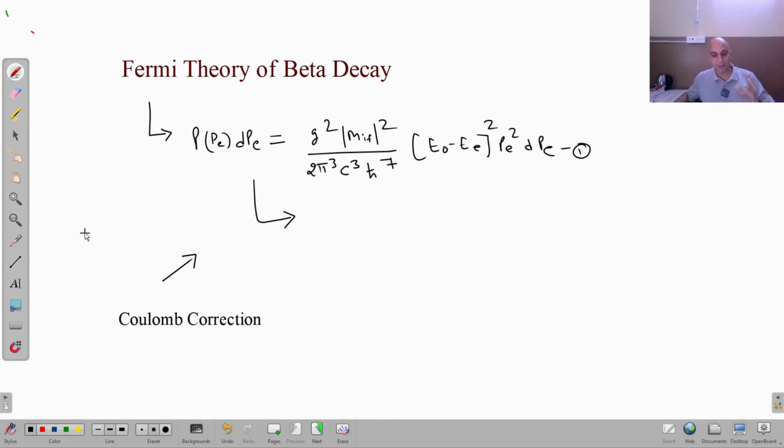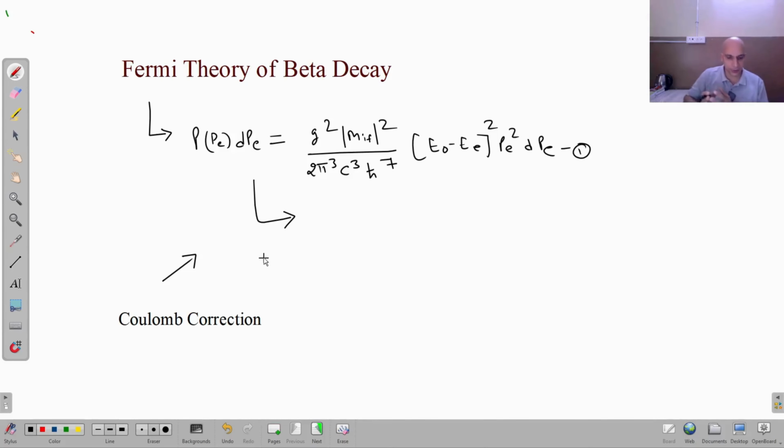So these two types of interactions have been ignored here, and we derived this expression without taking them into account. We are considering the wave function of the electron emitted from the nucleus as the wave function of a freely moving electron.